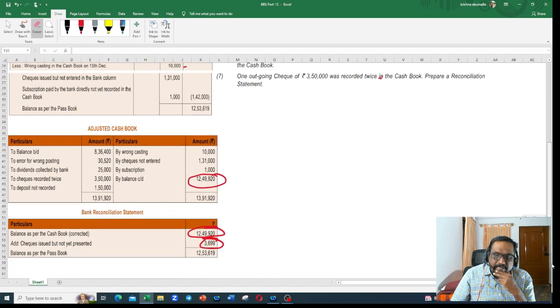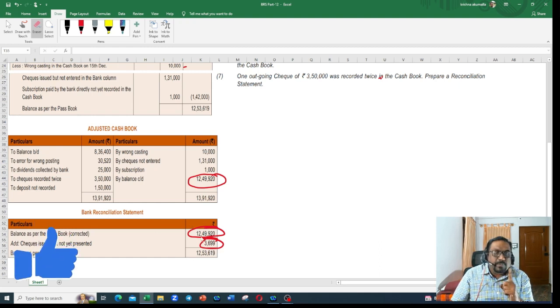So now if you go back and see here, your adjusted cash book balance is 12,49,920 and you have checks issued but not presented only to the extent of 3,619, and you arrived at a balance of 12,53,619. This is the only point we brought into the bank reconciliation statement because all other points we have already adjusted in the cash book and taken as the adjusted cash book balance. Hence, those points are not part of this reconciliation.